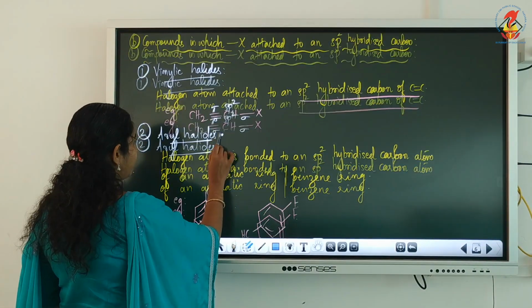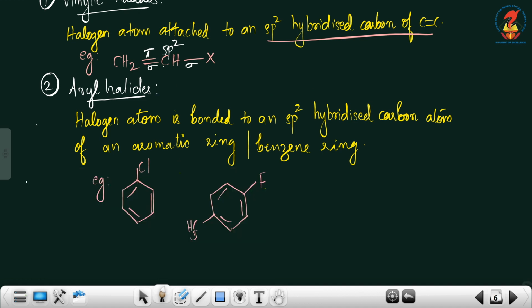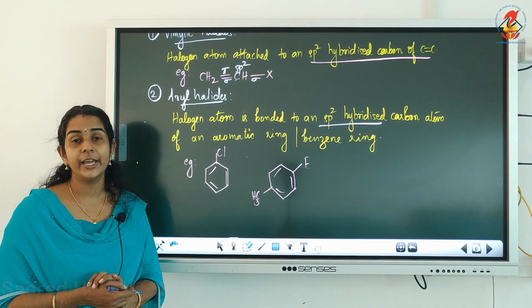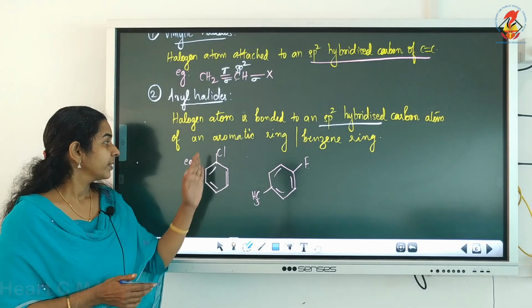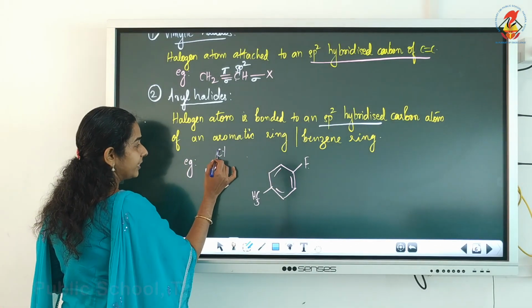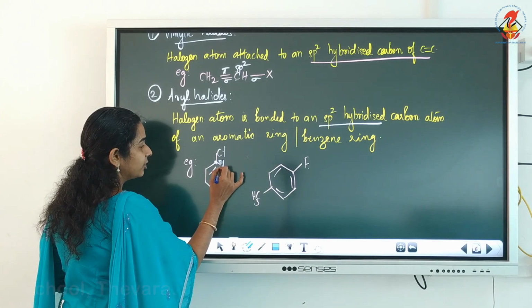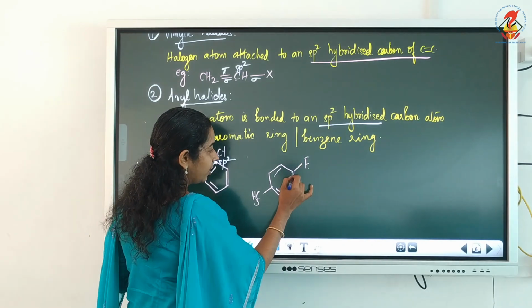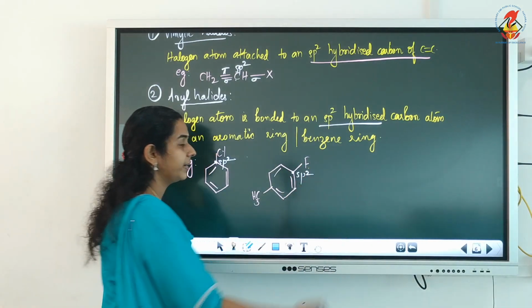And then the last classification is aryl halides. Aryl halides means the halogen atom will be attached to an sp2 hybridized carbon atom of an aromatic ring or benzene ring, or simply X will be directly attached to an aromatic ring or benzene ring. So here the X is attached to this carbon and it is sp2 hybridized. Here also X is attached to this carbon, it is also sp2 hybridized.